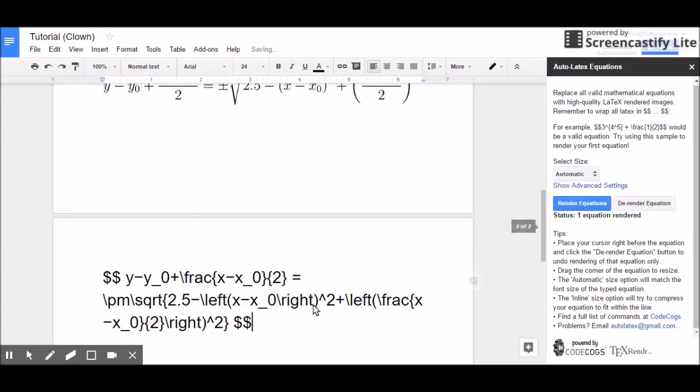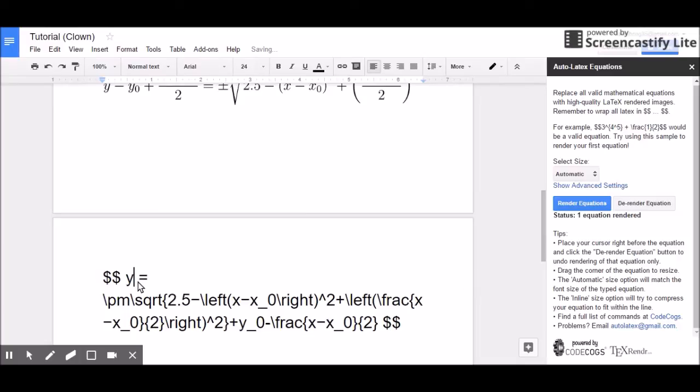Okay, so I'm going to add y0. Now let's track the fraction right here, which means this doesn't need to be there anymore. And this is our y I'll solve for.